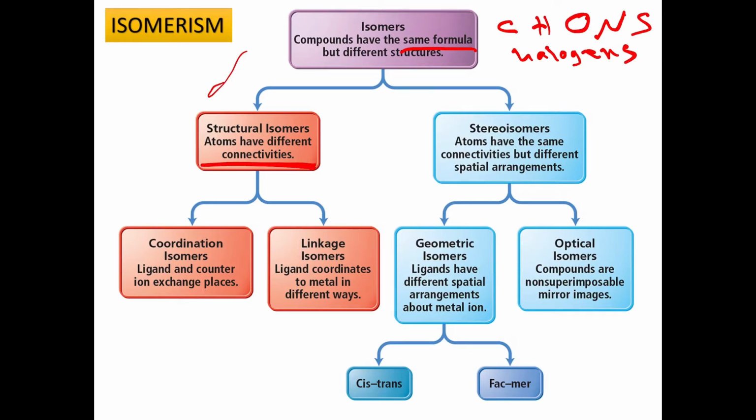That means these atoms, CHONS, halogens, have different connectivity over the overall structure of the hydrocarbons. And we have stereoisomerisms. Atoms have the same connectivity but different spatial arrangement. That means they are different in 3D arrangement.